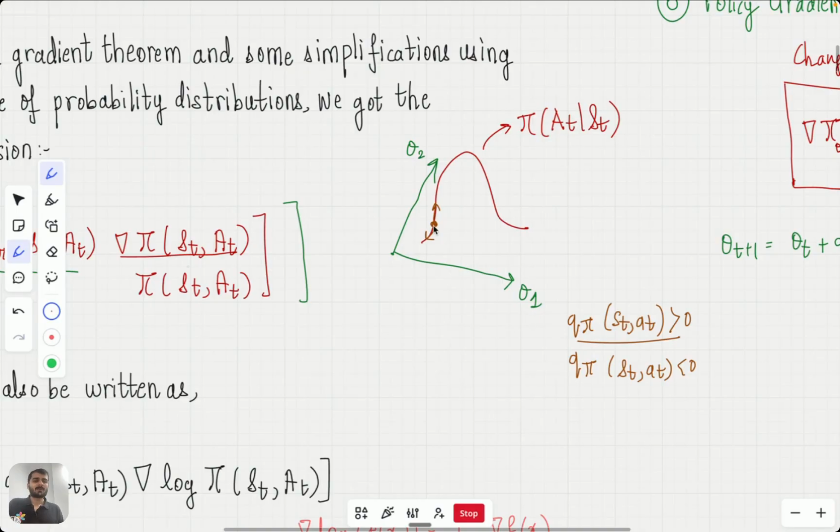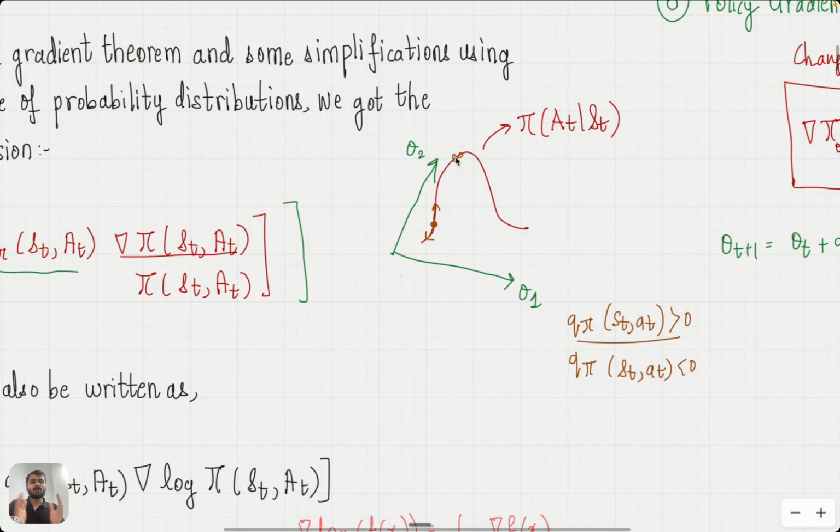And this makes a lot of sense because if q pi is greater than 0, it means that whatever action I am taking, it's leading to positive rewards in the long run. And I should gradually move in the direction which maximizes the probability of choosing that action when I am in the state st. But if q pi is less than 0, it means the action is not very good and I will penalize the action. I will say that if q pi is less than 0, don't move in the direction of maximizing the probability, but move in the opposite direction, which minimizes the probability.